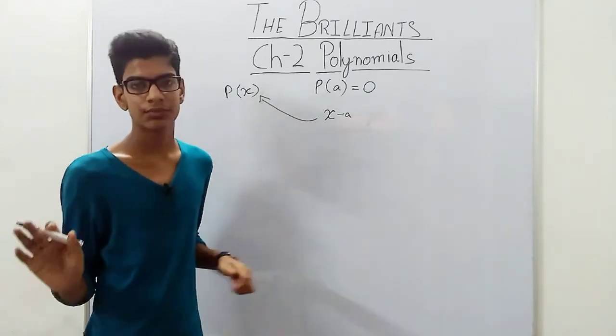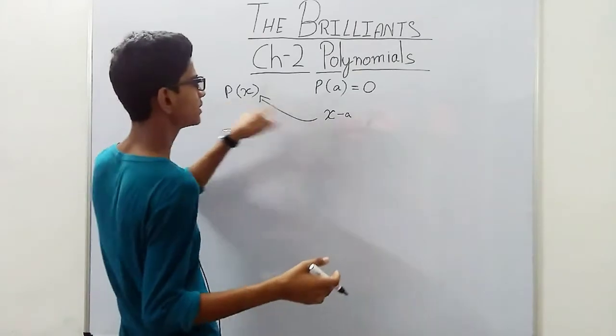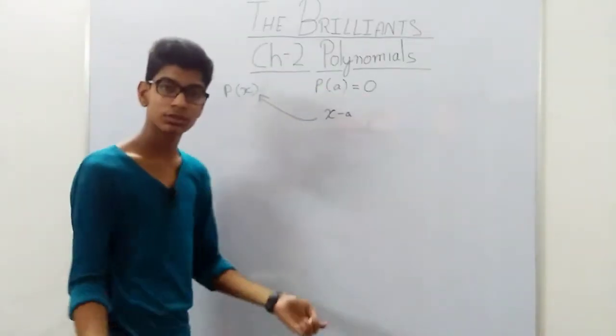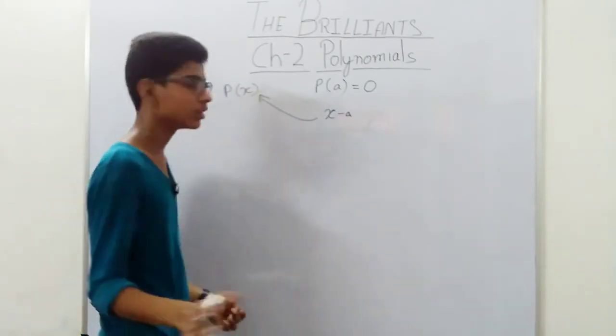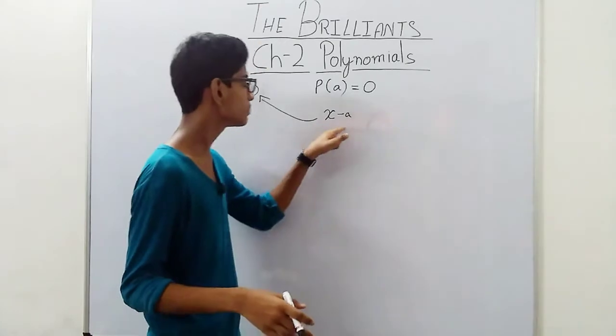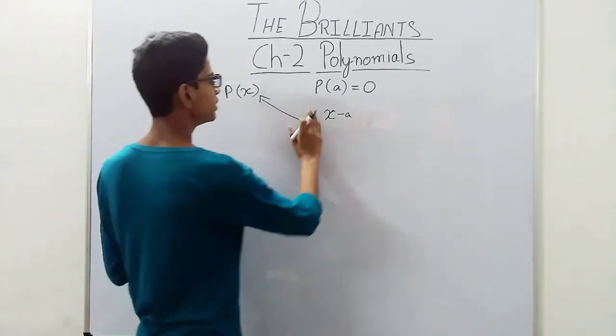This is the factor theorem. And if x minus a is a factor of p(x), obviously p(a) is equal to 0. Understand? So if you want to find out whether x minus a is a factor of p(x) or not, you simply put in the value.